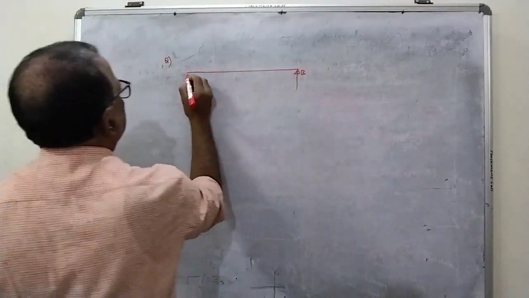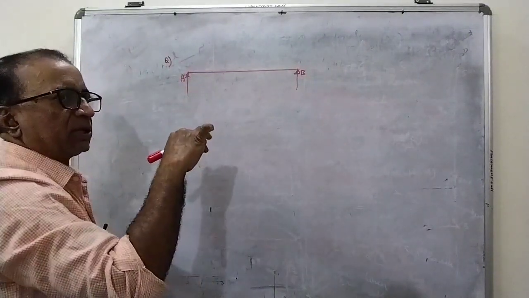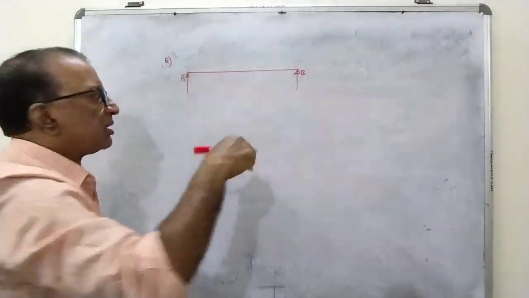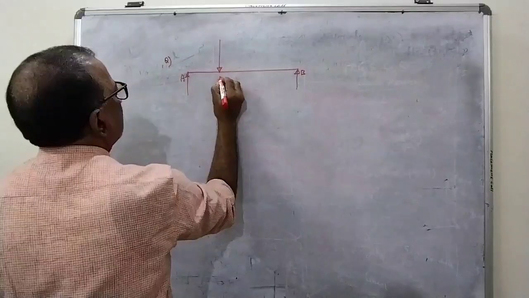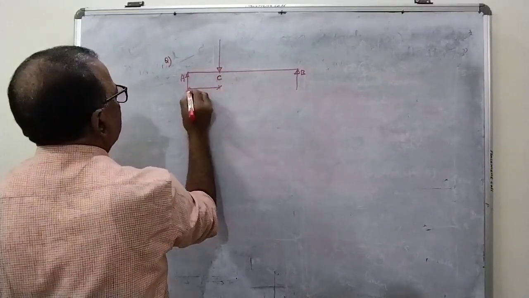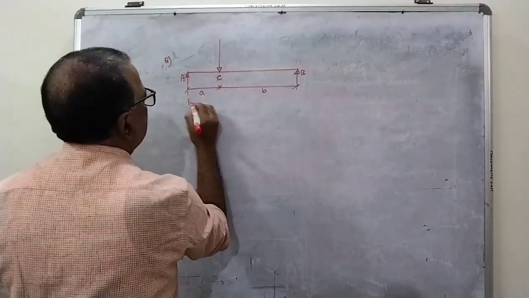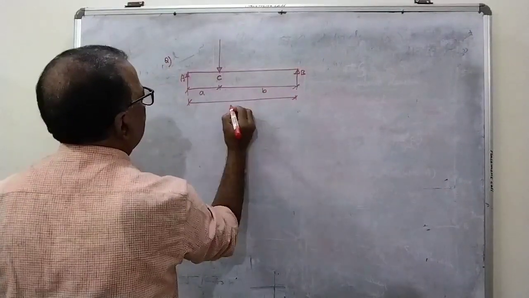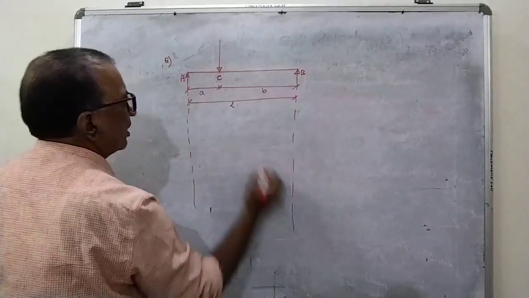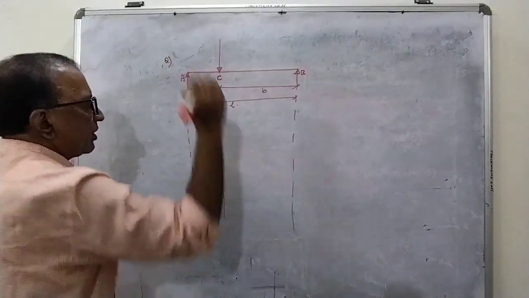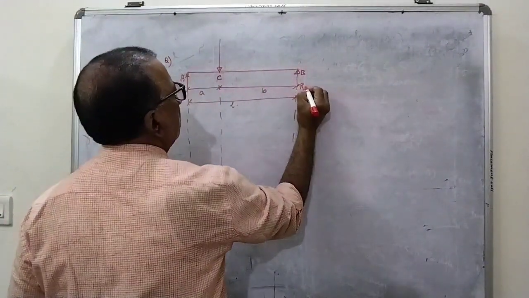In the earlier problem, the point load was acting at the center, but suppose the point load is not at the center, somewhere at a distance of small a and small b from the supports, and the total span is L. Now what is the shape of the bending moment diagram and shear force diagram for this case?